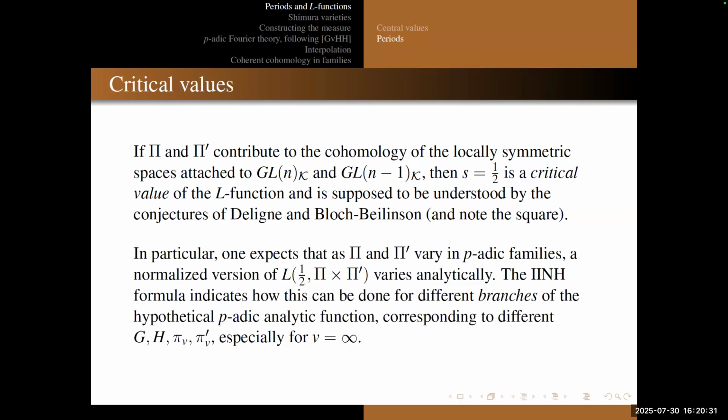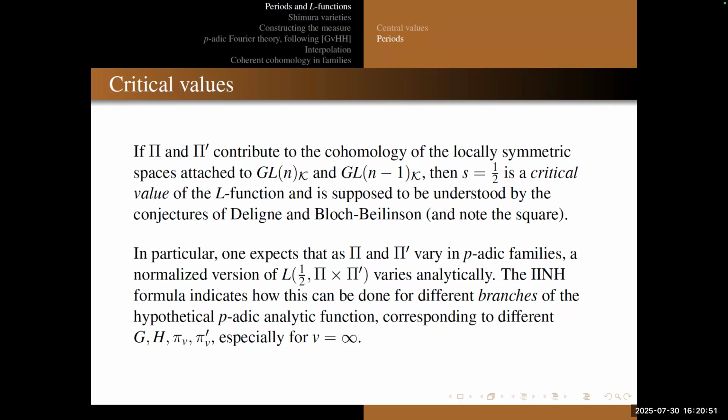If you want to construct a p-adic L function, usually you let the argument s vary, but you can't do that because we're only looking at the central value. So what we have to vary p-adically, analytically, are the pi and the pi prime.